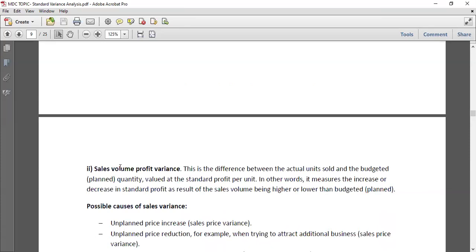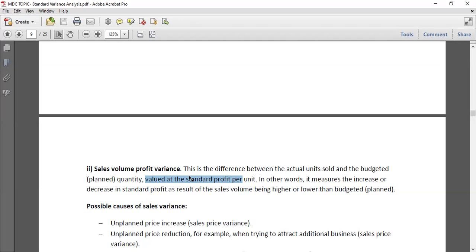So this is the difference between the actual units sold and the budgeted or planned quantity, valued at the standard profit per unit. Just like the way we've called it sales volume profit variance, in this case we are valuing this at profit, not at price.